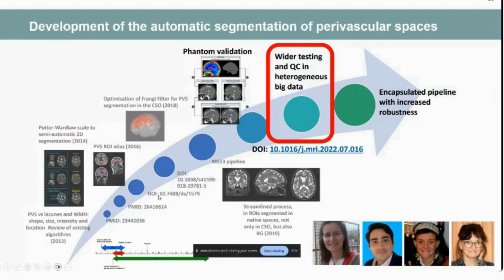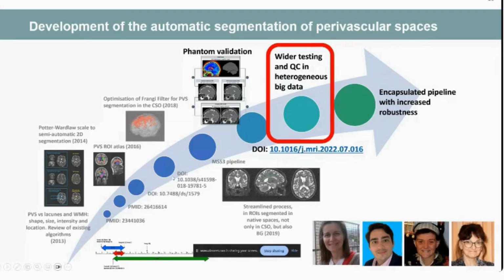So we went from defining the region of interest, that would be the basal ganglia, the centrum semiovale, and the midbrain, with automatic parcellations like FreeSurfer, FSL, and SynthSeg. We validate this region of interest and the dimension of the PVS to be correct.